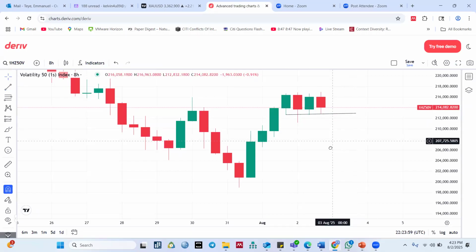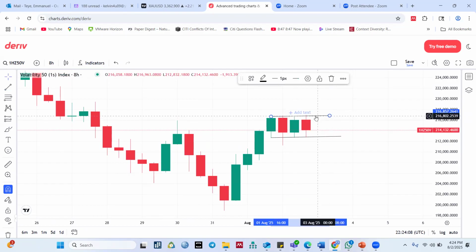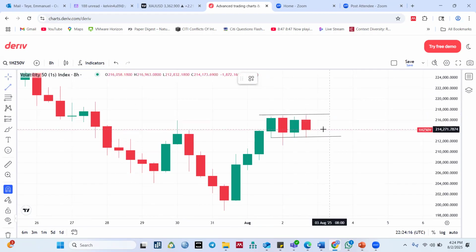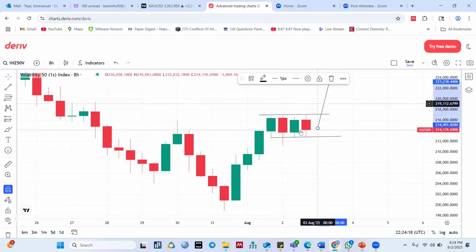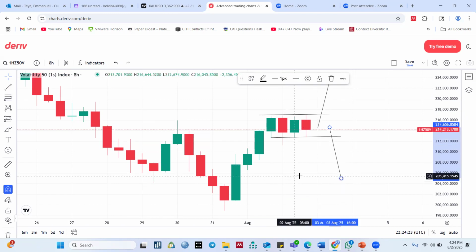Notice here that price is staying within a defined range and it's not giving us any intention to move up or to break to the downside.